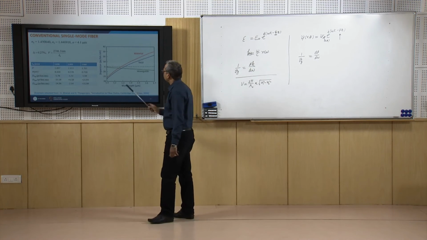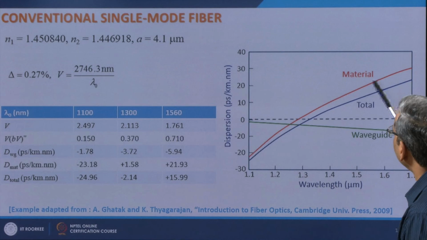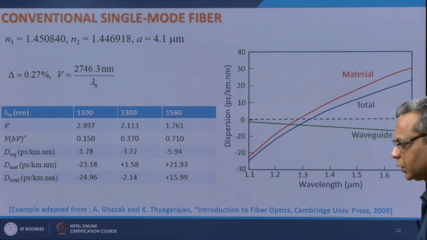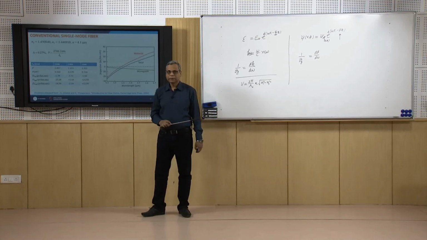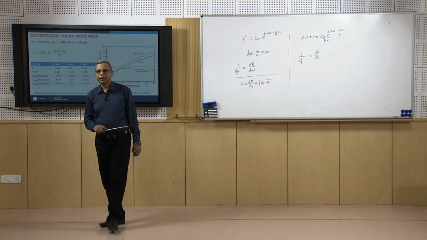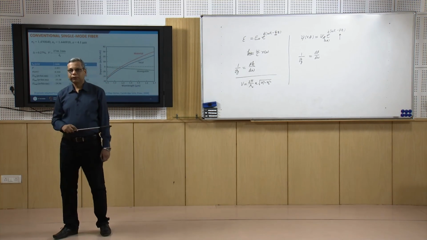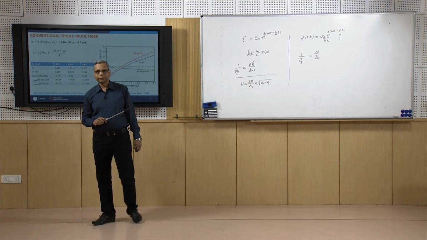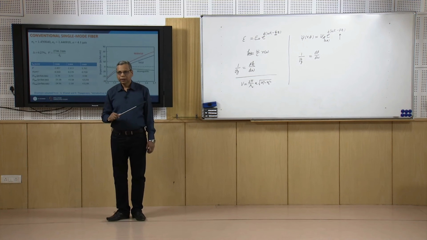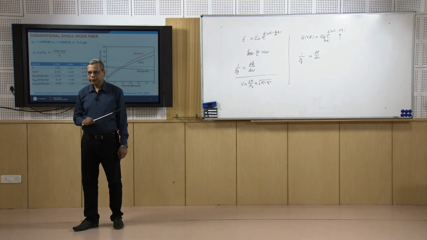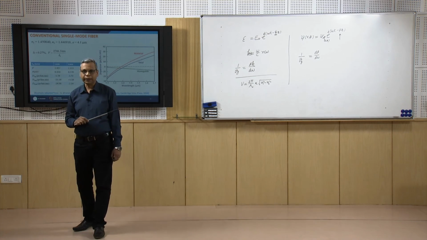This red curve shows the material dispersion and this blue curve shows the total dispersion. Here we have calculated the total dispersion by adding the material dispersion and waveguide dispersion, which is not rigorously correct, but it is quite accurate when the dispersions are not very high.